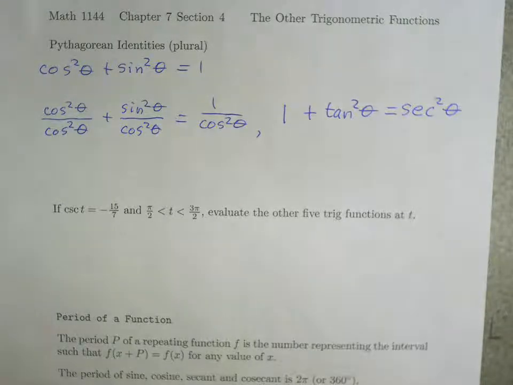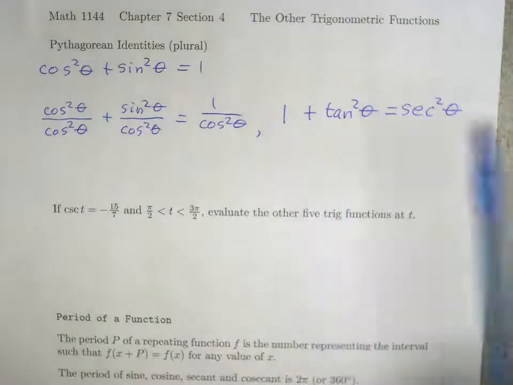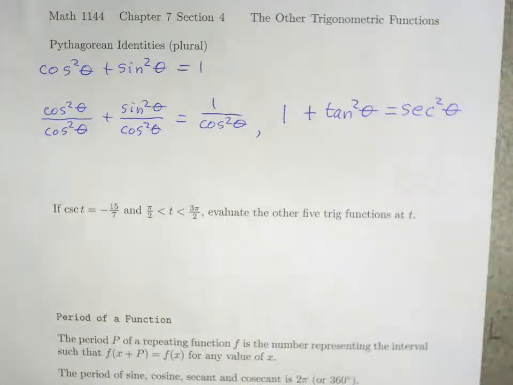So as with a lot of things we've covered already this week, these Pythagorean identities will be used quite a bit in calculus if you're going to end up in calculus.